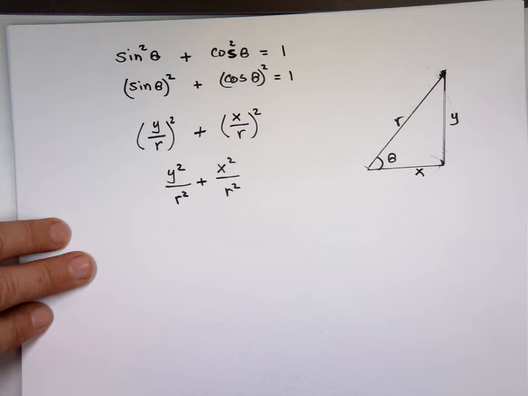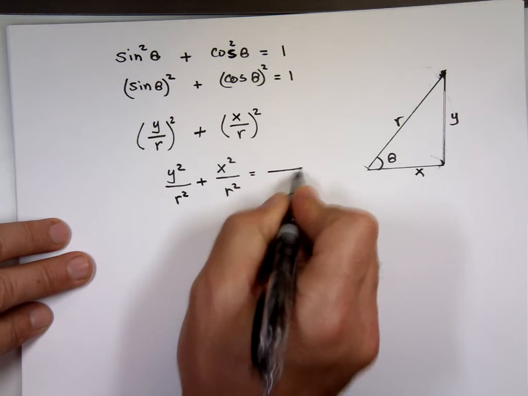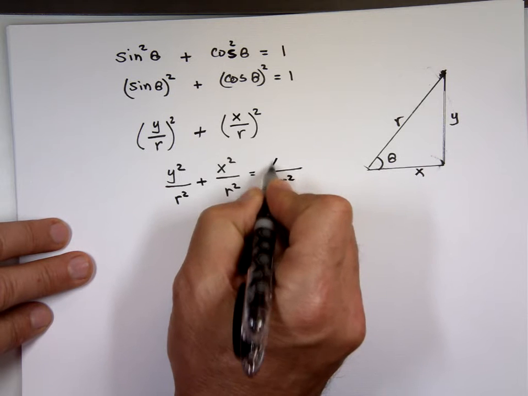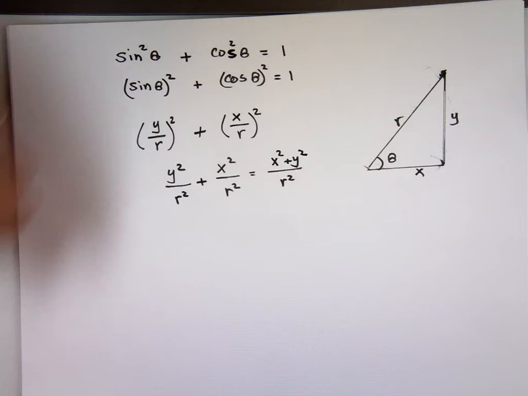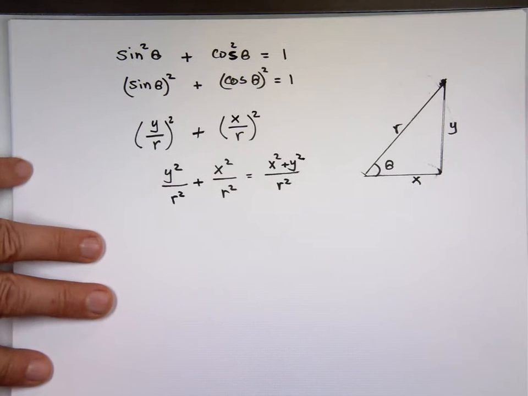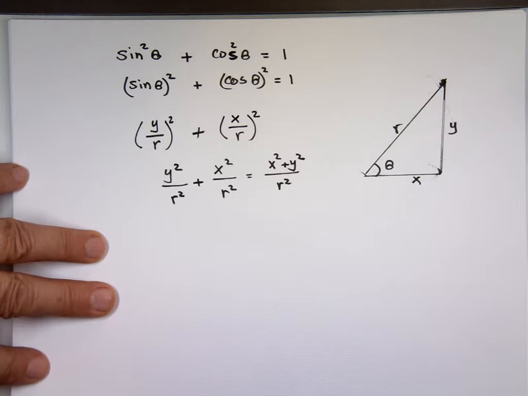The bottom is the same. Keep it. How is that 1? It's supposed to be 1. How is that equal to 1?